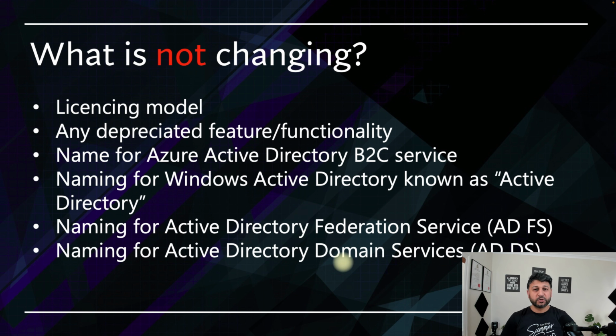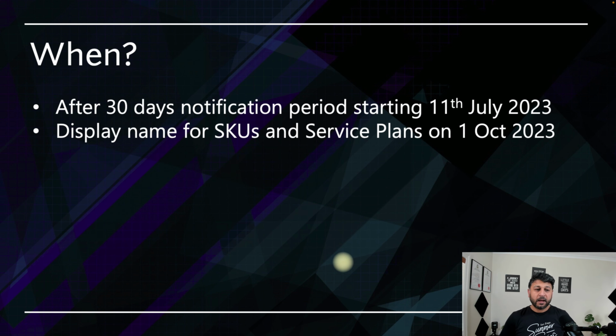Now, when is it going to take effect? Technically speaking, it has already started to take effect. Microsoft is going to start changing the experience of all of these services starting from the 11th of July.